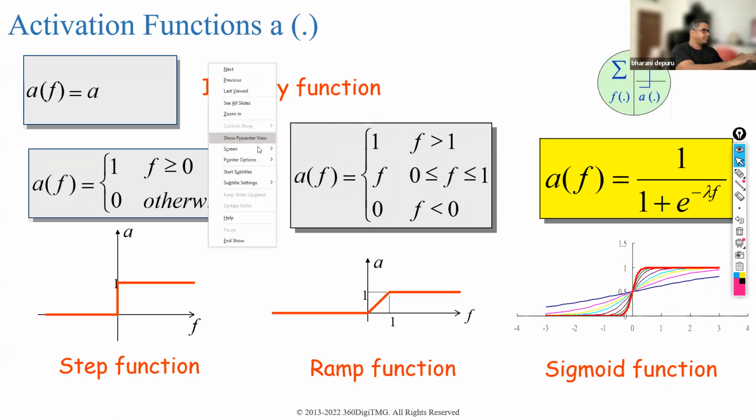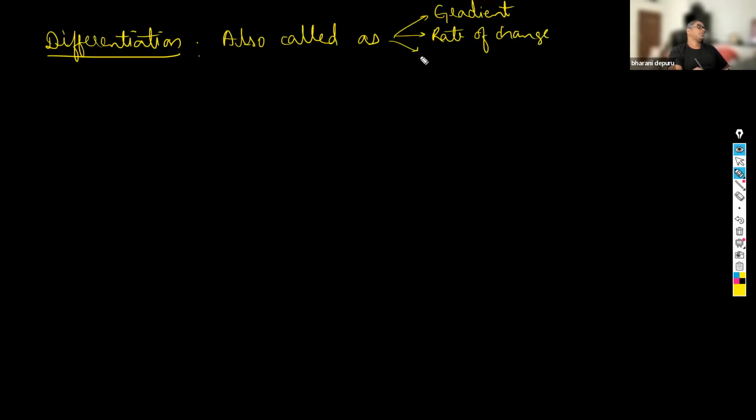And let me take a black screen. Differentiation is also called gradient, rate of change, or slope.